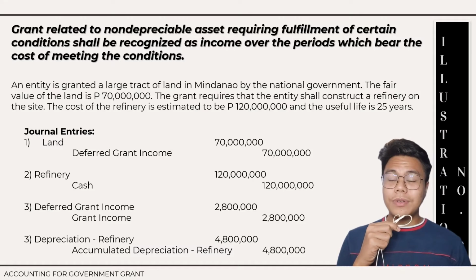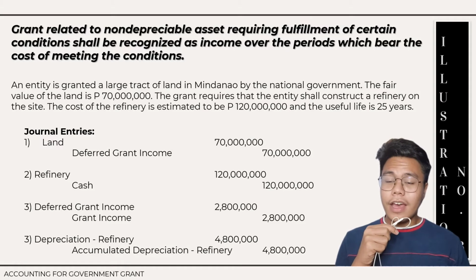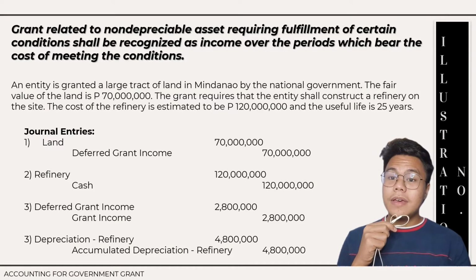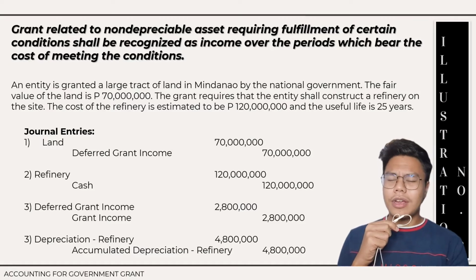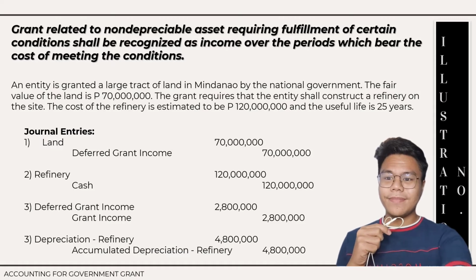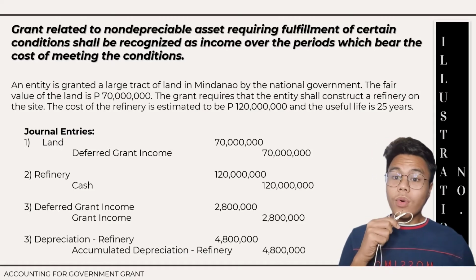So that is how we get the amount. And so how do we generalize this transaction? Debit depreciation refinery, and credit accumulated depreciation refinery.